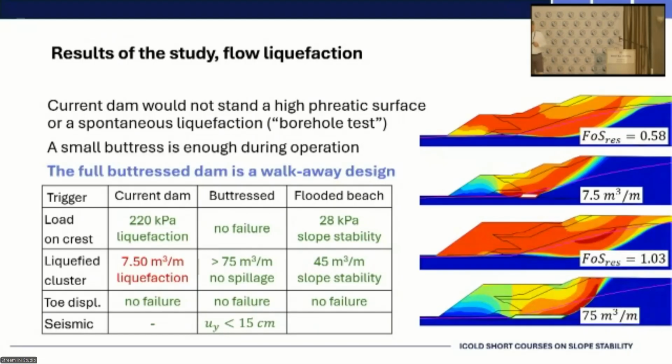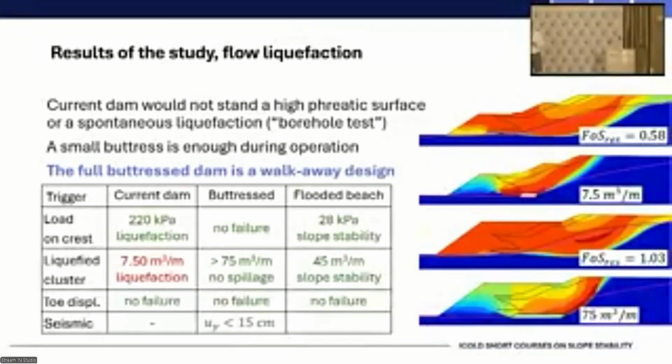It's still less than 1.1, but look, there is no way to kill that dam. Even with this 1.03, which is less than 1.1, you flood the dam, you create a pond in the entire beach, and you still don't see any trigger to failure.